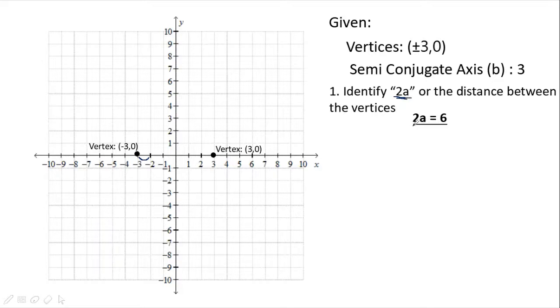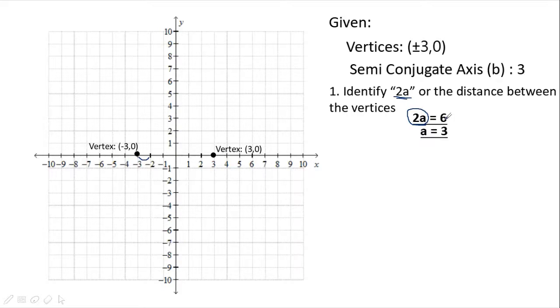So we will copy 2a. This is the formula in finding the transverse axis. Again, 2a is another term for the transverse axis. Then it equals the units that we already counted. So we have 6.